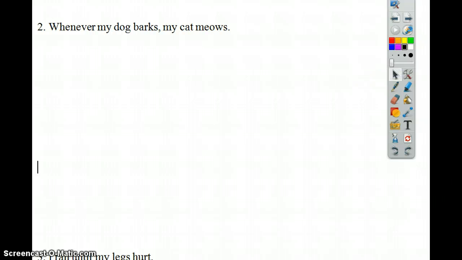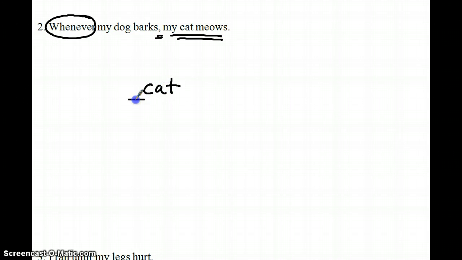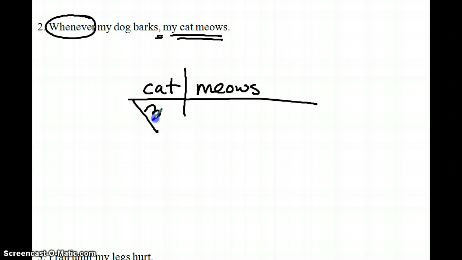Whenever my dog barks, my cat meows. Again, we've got a comma and our sentence is starting with one of the awubis words. So we know that we're diagramming this one first. Cat. What does the cat do? It meows. My answers the question, whose cat? So it's adjectival. Let's cross those out. And now we have whenever my dog barks.